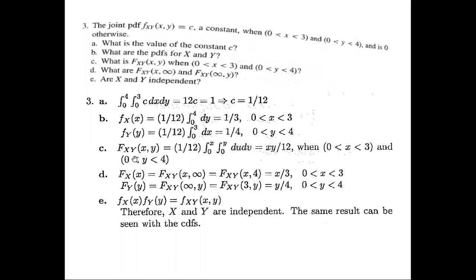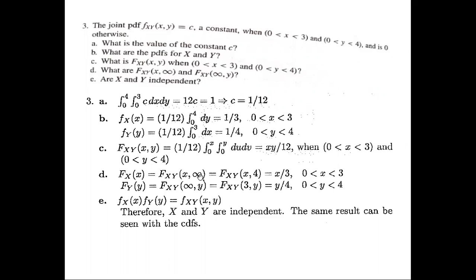Now we can go for finding the CDF for a single variable. That is, F of x will be F of x, y at x comma infinity. There is no y variable, so it corresponds to the x variable only, with the value of y considered as 4. There's no more infinity because the value of y exists only between 0 to 4; in the other region it doesn't exist.